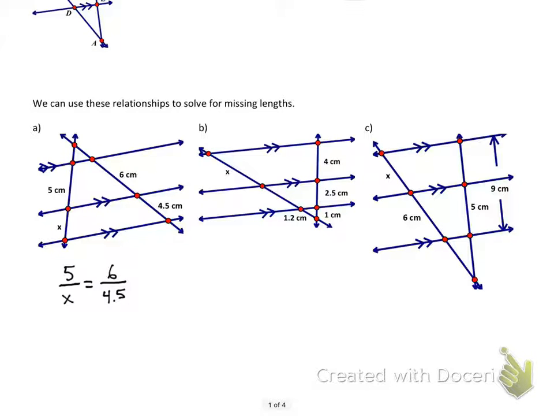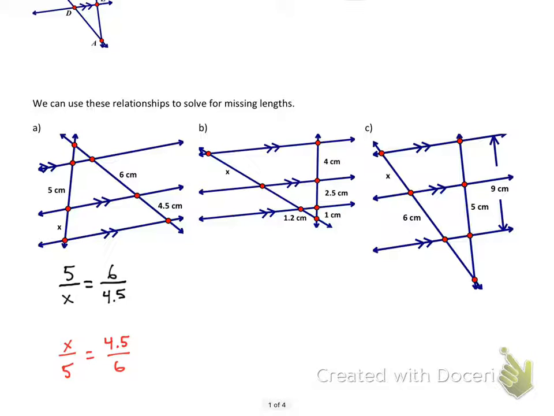So before we just go ahead and solve this, let's come up with another way. Let's come up with 2 other ways of setting up this proportion. Okay, x over 5. Yeah, we could do x over 5 equals 4.5 over 6. So we just took it and flipped it, but that's okay. We'll get the same answer for x, and that's what we're interested in.